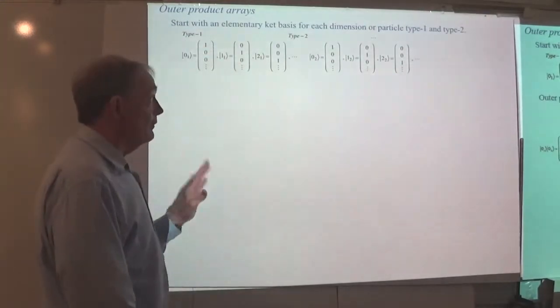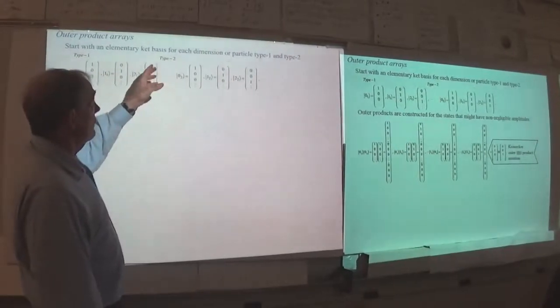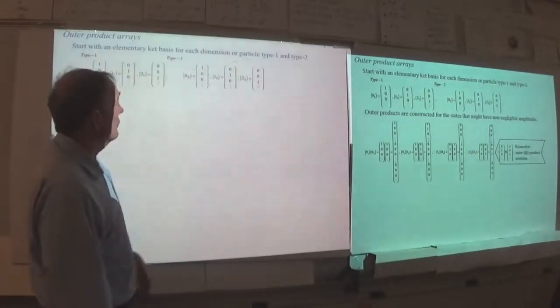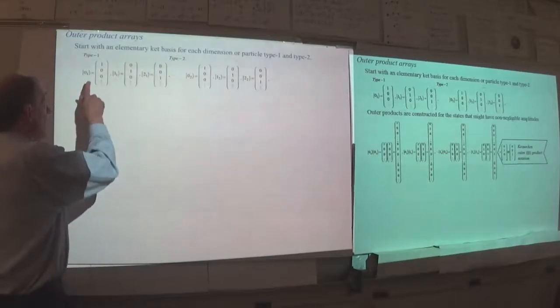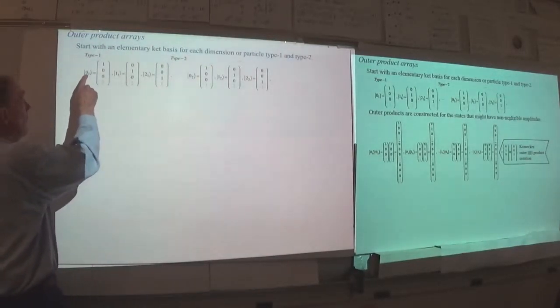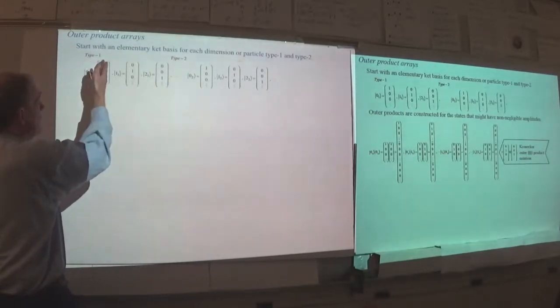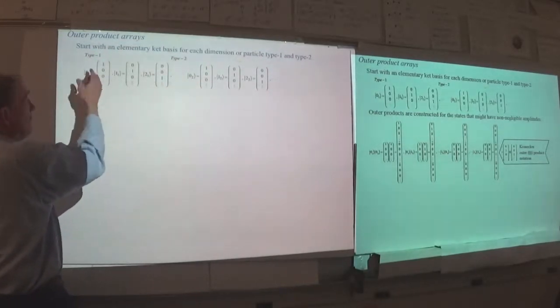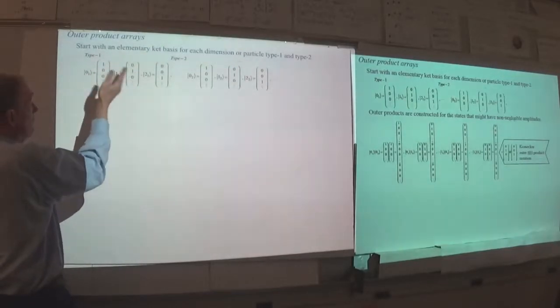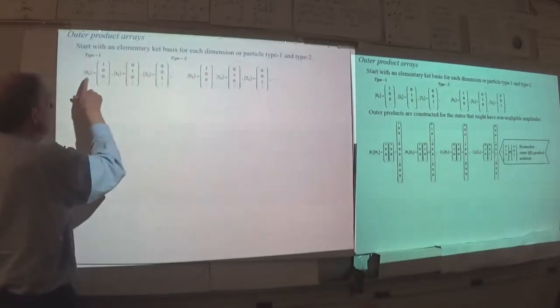And this is the first one I need to do. So if you start with an elementary ket basis for each dimension, say you have a state 0 that something can be in. This is type 1 particle. Say this is a photon for X polarizations that we're talking about here, and this is for the Y polarizations.